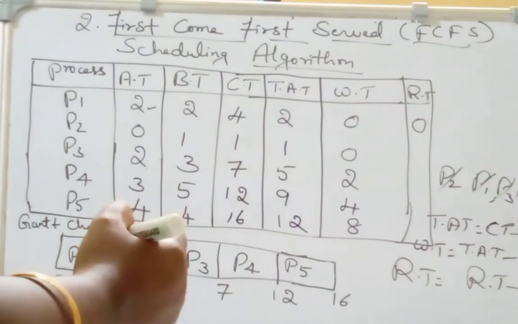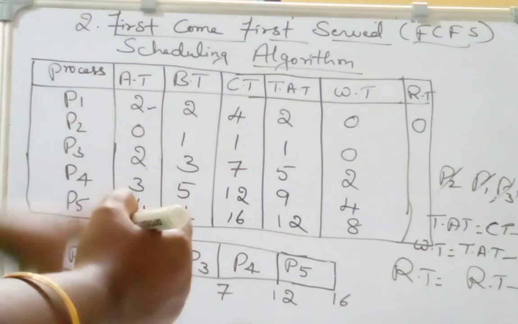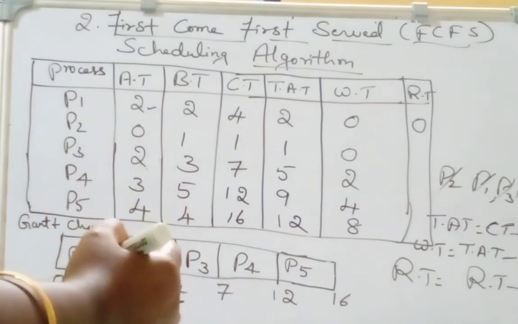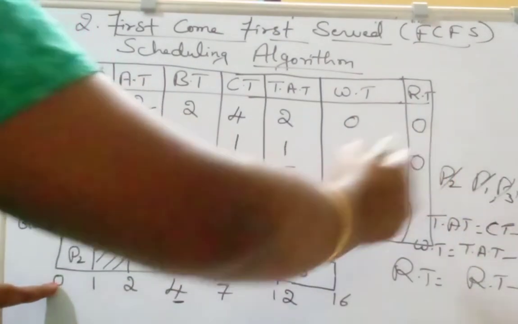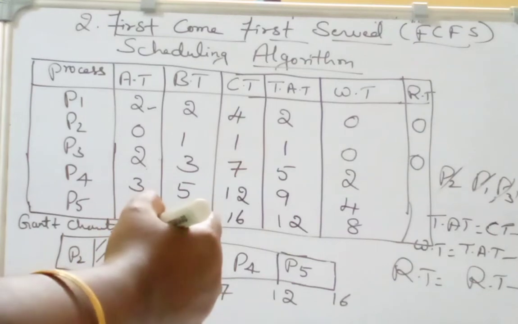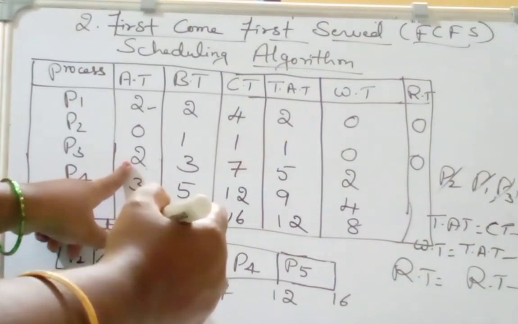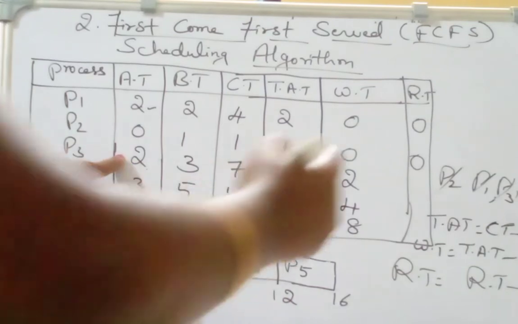For P2, the first response is at 0, minus its arrival time 0, is 0. For P3, it is 4 minus its arrival time 2, which is 2.